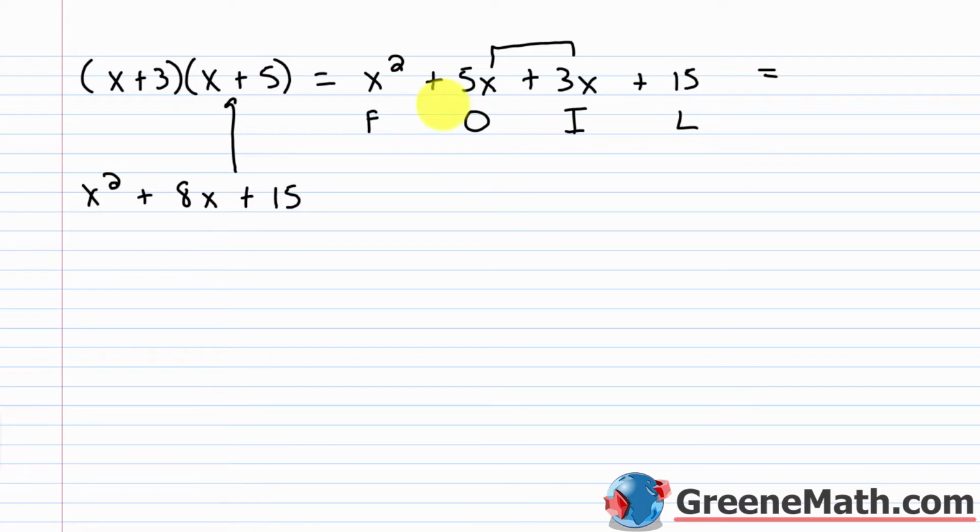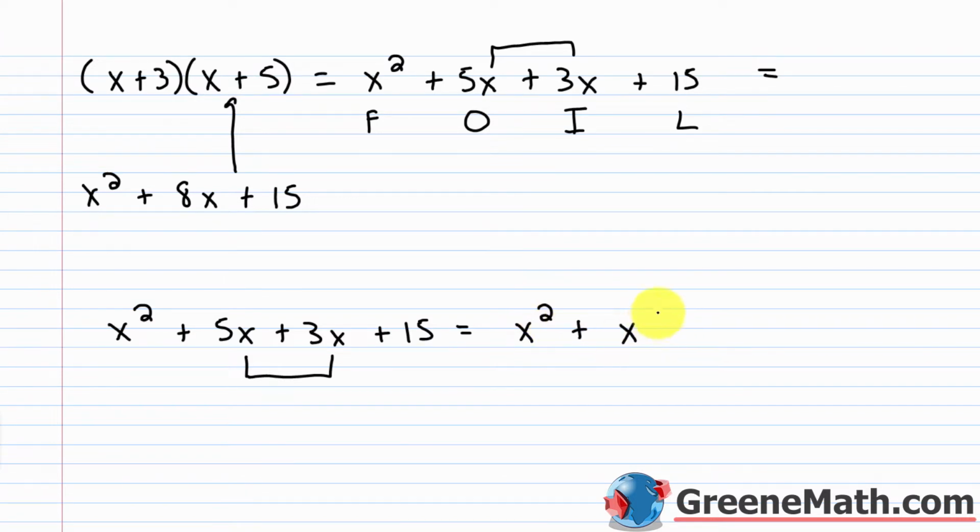The key is to take this part right here, x squared plus 5x plus 3x plus 15, and write it in a different way to make something obvious. We're going to factor out an x from these 2 middle terms. So x squared plus, I'm going to put the x outside a set of parentheses, since it's common to both, 5 plus 3, and then plus 15.